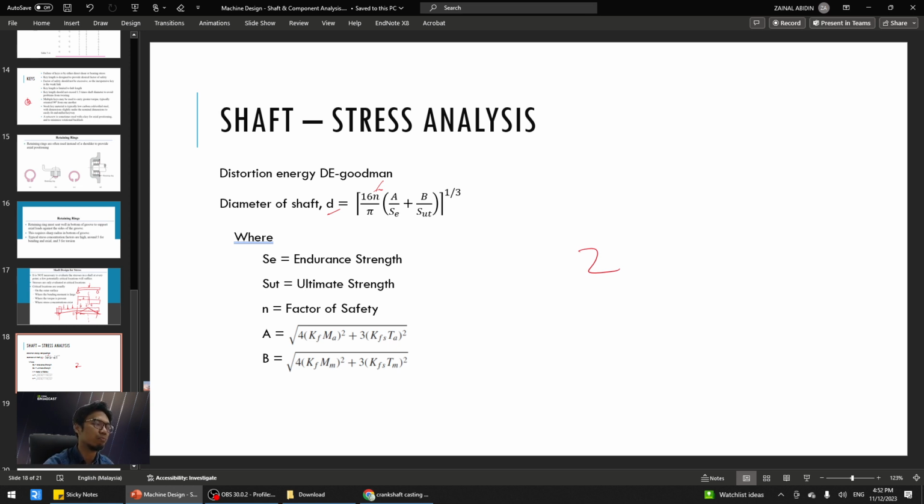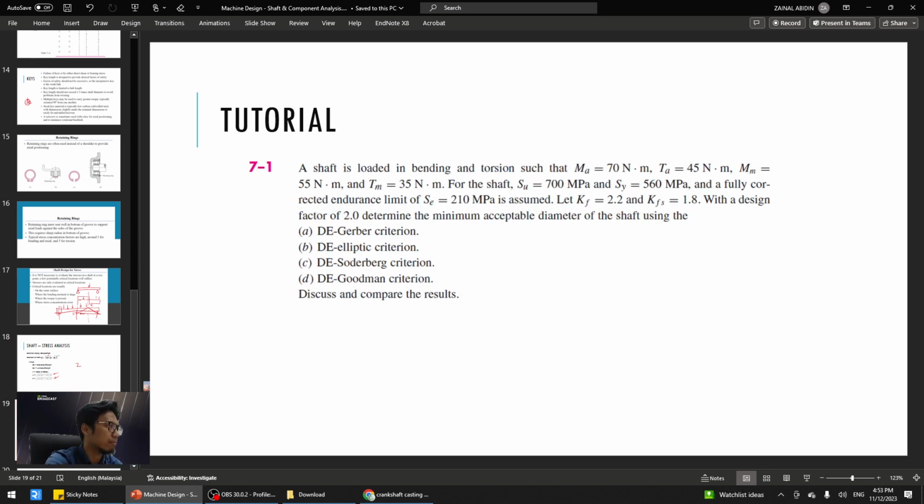Okay, what is A? What is B? A is here, B is here. For example, tutorial number 1. A shaft is loaded in a bending and torsion such that MA is 70 Newton meter, TA is 45 Newton meter, MM is 55 Newton meter, and the TM is 35 Newton meter.